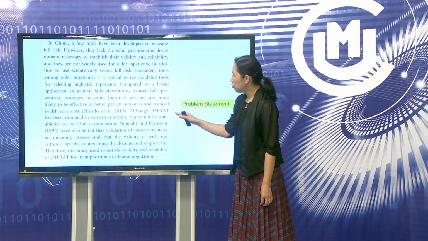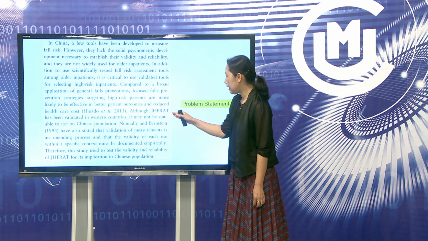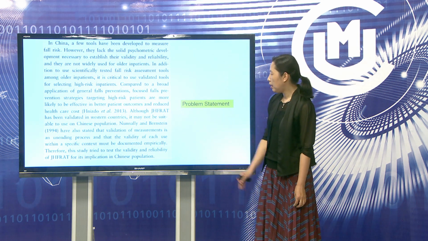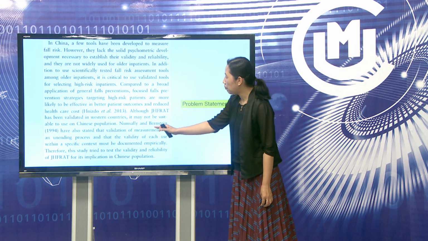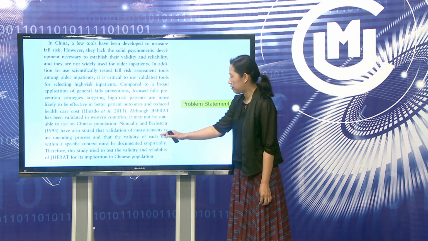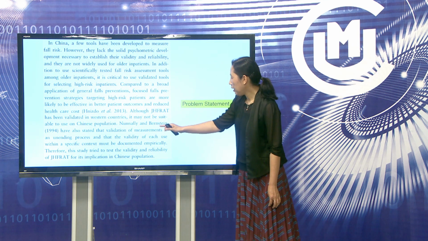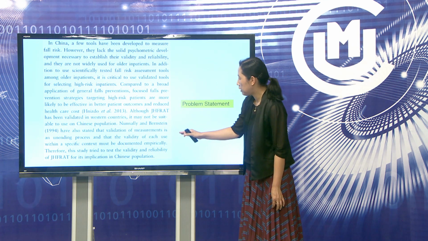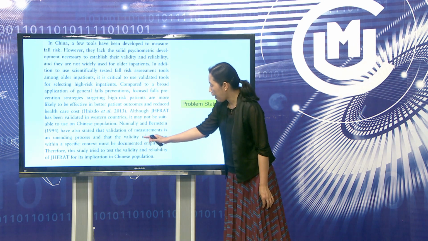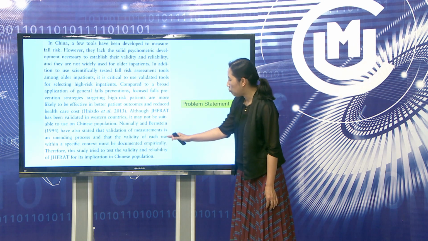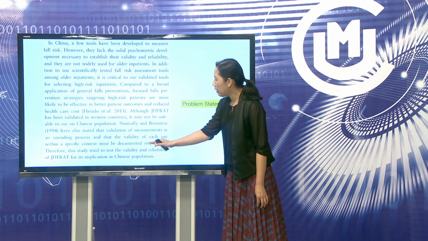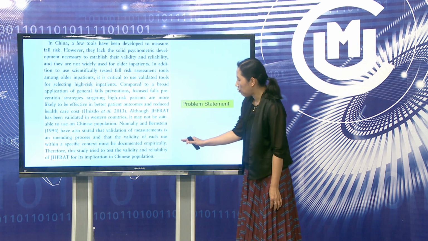Although the Johns Hopkins fall risk assessment tool has been validated in Western countries, it may not be suitable for use on the Chinese population. Nally and Bernstein have also stated that validation of measurement is an unending process, and that the validity of each use within a specific context must be documented empirically.